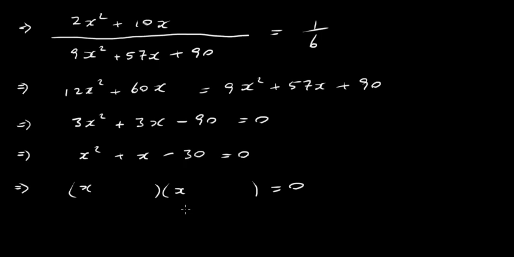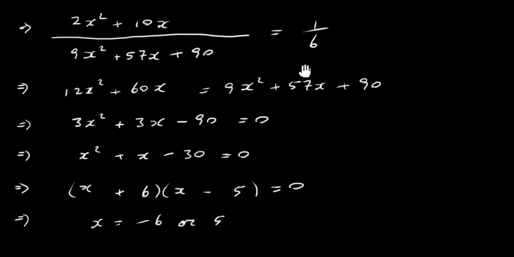We have 30 here, so we have 1 times 30, 2 times 15, 3 times 10, 5 times 6. 5 times 6 is going to work because remember we need a 1 here, so it's going to be 6 times 5. We need a minus 30, so the two signs have to be different. The largest one has to be plus and the other minus. So that gives x equal to minus 6 or 5.